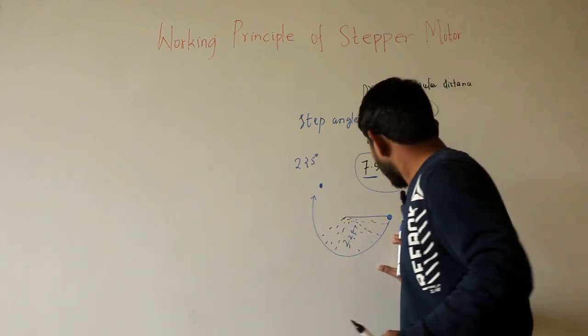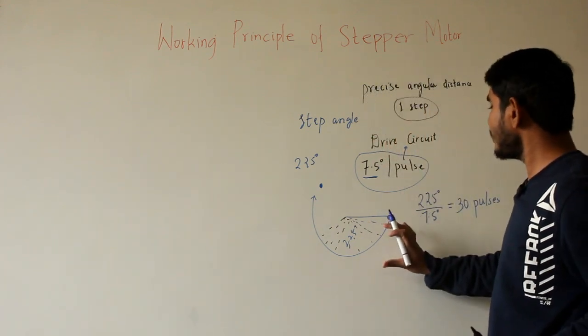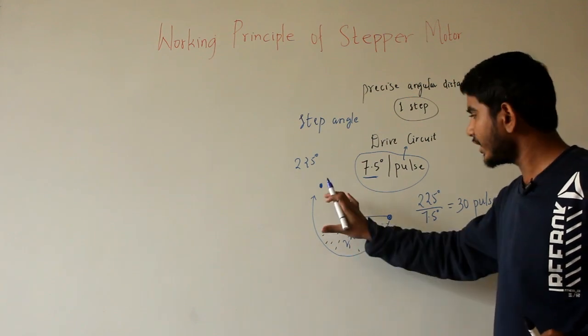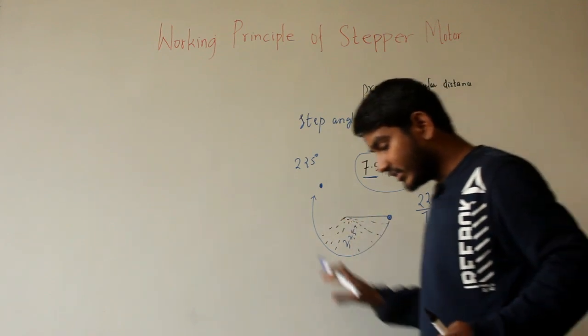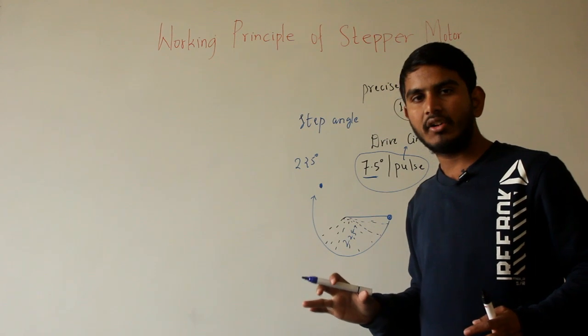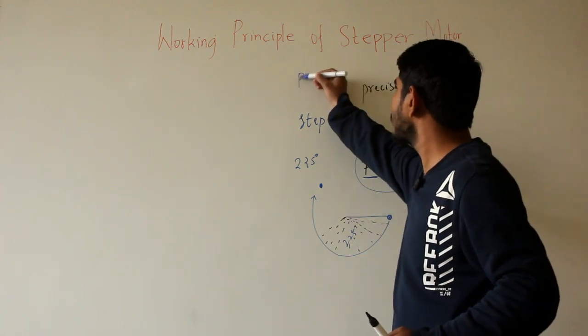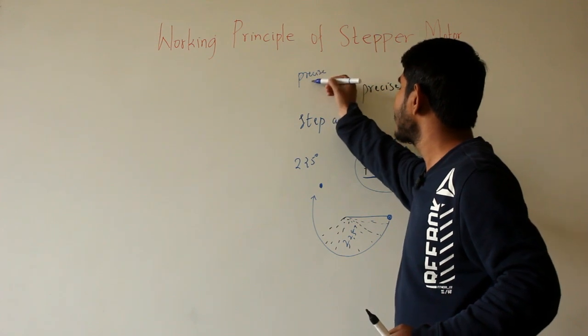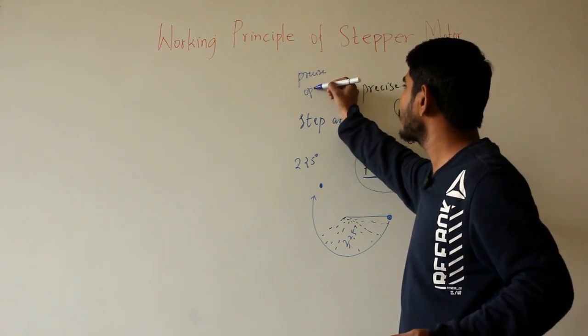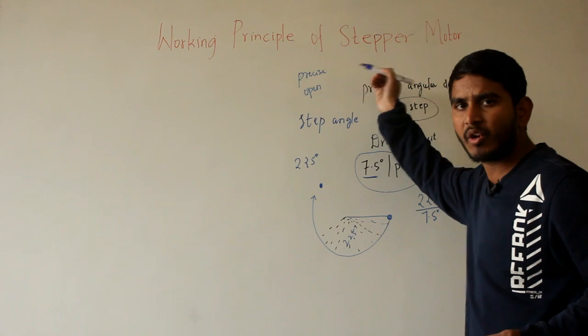This is how you can precisely place your object at the required place, and this also offers precise control of the speed of the motor. It provides precise open loop speed control, because this stepper motor doesn't employ any feedback.